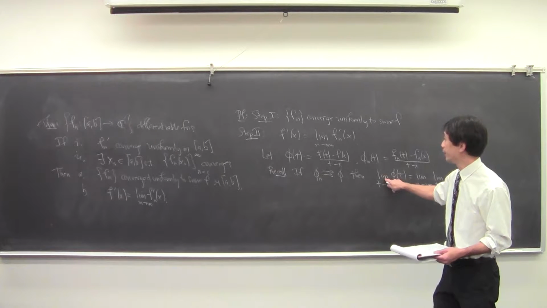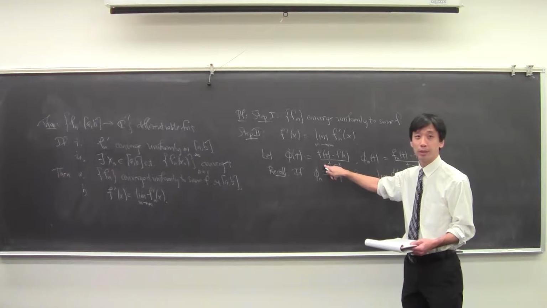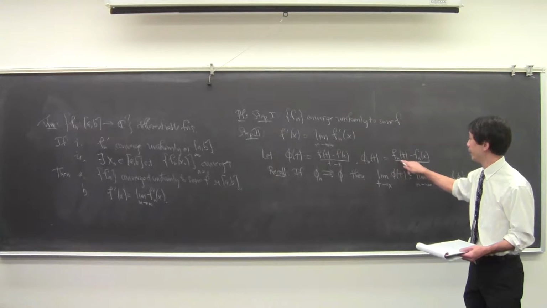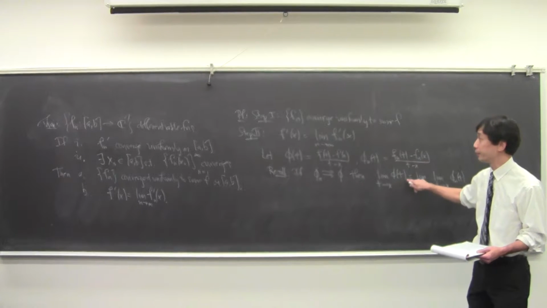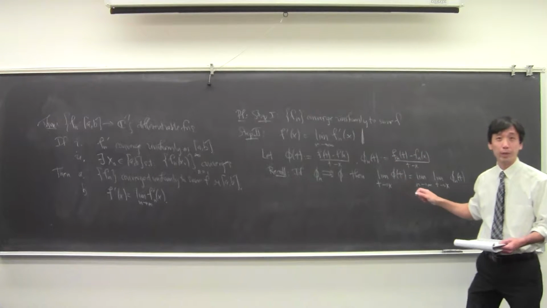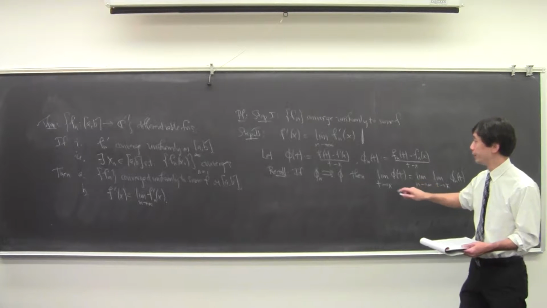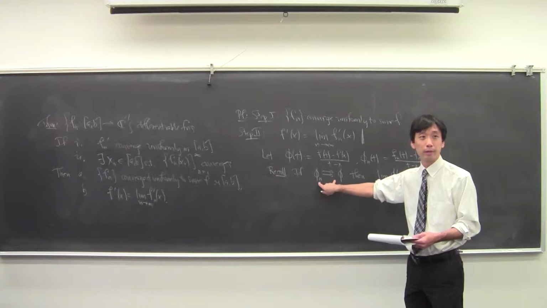As we let t go to x, this gives us f prime. And we let t go to x here, that gives us fn prime at x, and we'll let n go to infinity, so that it gives us exactly the thing that we're looking for. So the only thing we have to do is show that the phi sub n's converge to phi uniformly.